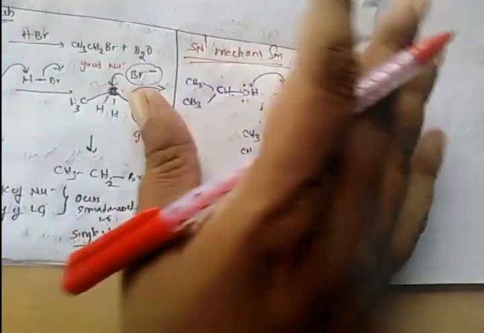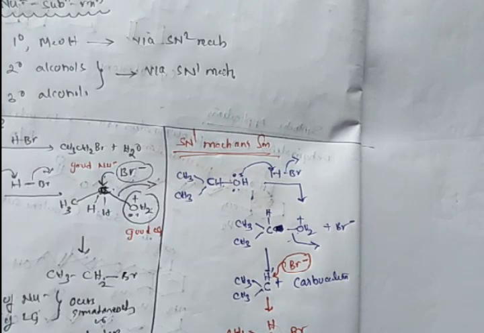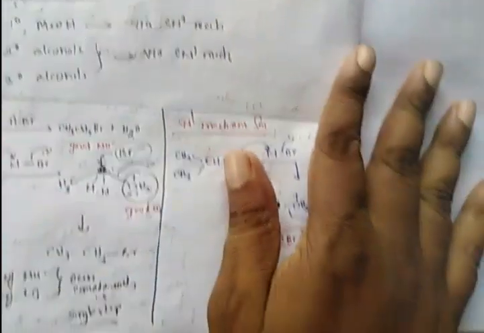So this suggests that secondary and tertiary alcohols undergo nucleophilic substitution reaction via the SN1 mechanism. So SN1 is a two-step mechanism. Coming to the SN2 mechanism, it is a one-step mechanism.